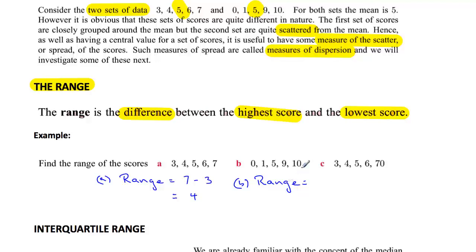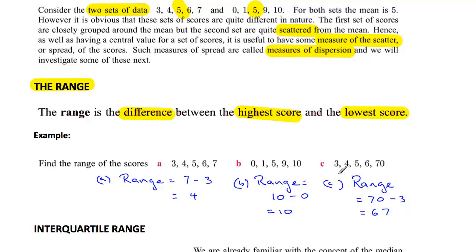The answer here is highest of 10. Take away our 0, so that gives us our range. And the last one is a score of 70, and take away a 3 gives us a score of 67.